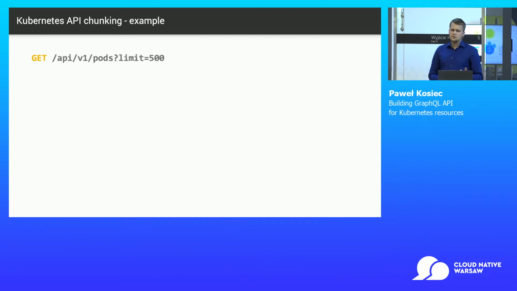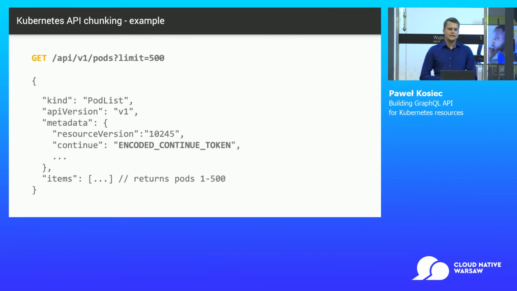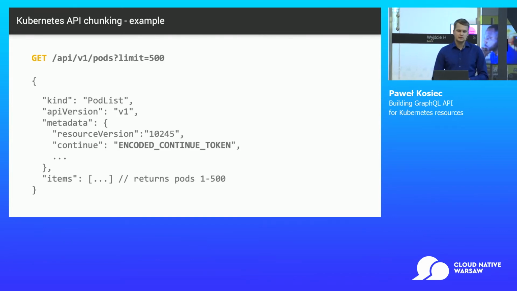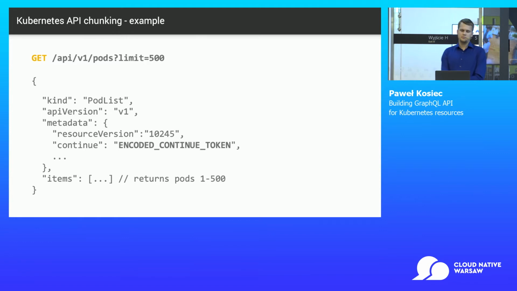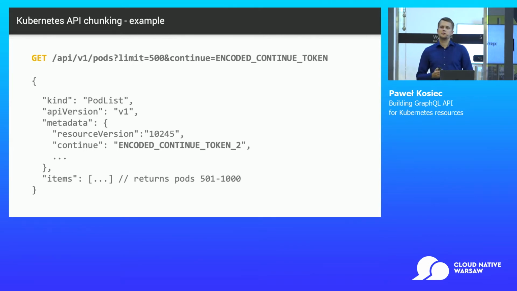For example, if you want to get the first 500 pods, we do a GET request like this with the limit parameter, and in the response we will get a continue token in the metadata of the pods list. Now when you do additional requests with the continue token, we will get another 500 pods, and another continue token.